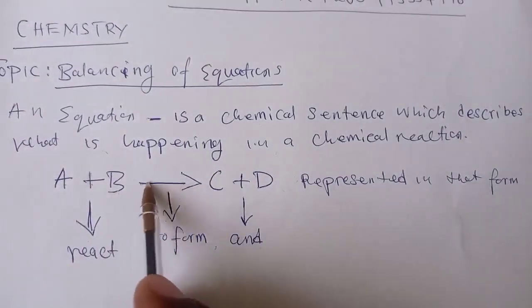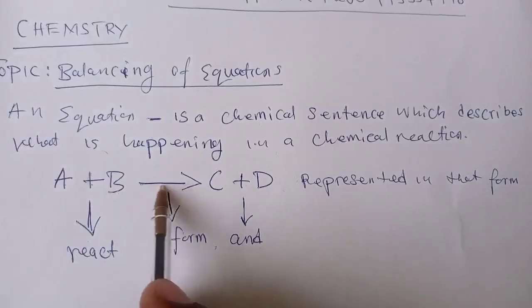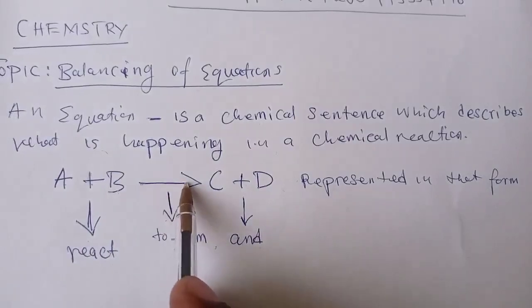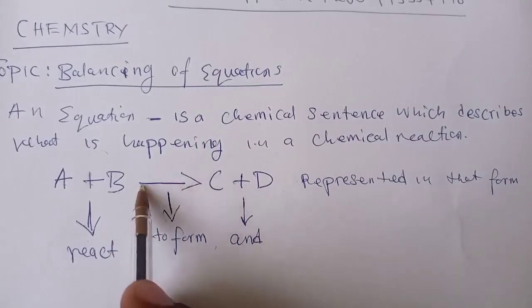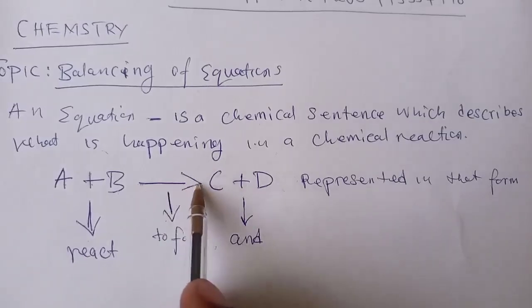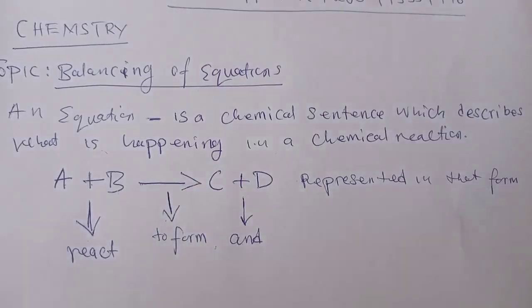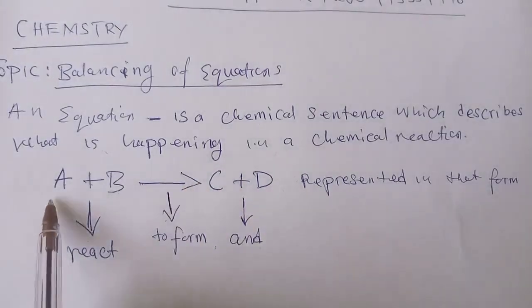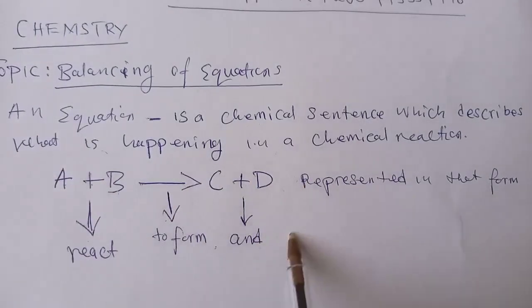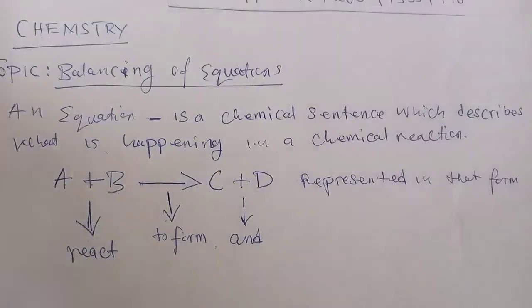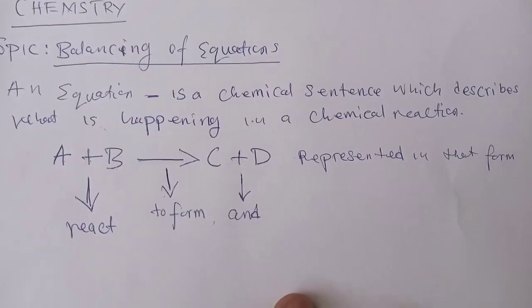Another term that you can use for this arrow is equation. So this is what we call an equation in chemistry. You need to know what that is.